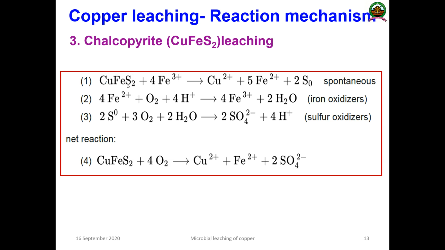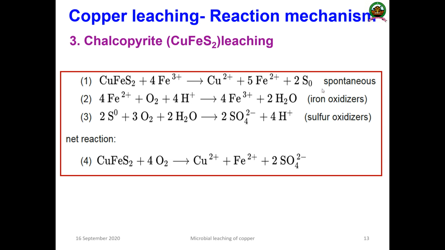So the copper iron sulfide plus iron oxidation is the first step, giving Fe3+, then Cu2+ and iron in the ferrous state, and free sulfur. This is a spontaneous process, and later the Fe2+ in the presence of oxygen and hydrogen is converted into the ferric state, then water.